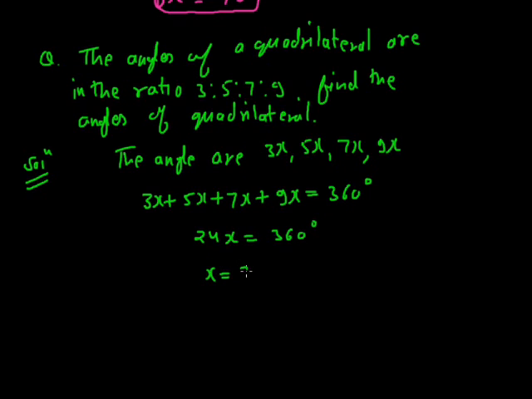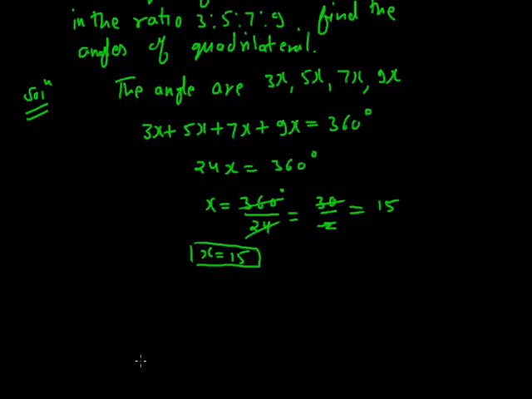So x is equal to 360 degrees divided by 24. Now cancel with 12, we get 30 in the numerator and 2 in the denominator, and 30 and 2 again get cancelled, giving 15. So the value of x is 15.